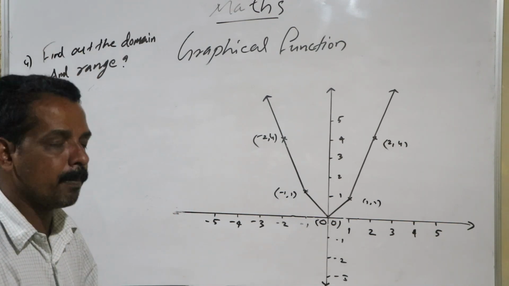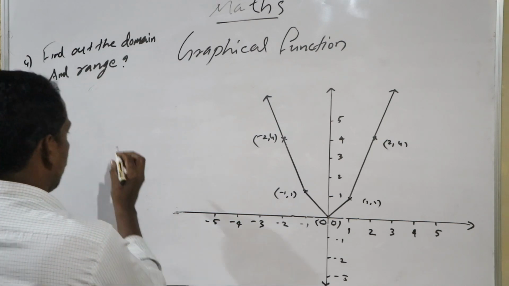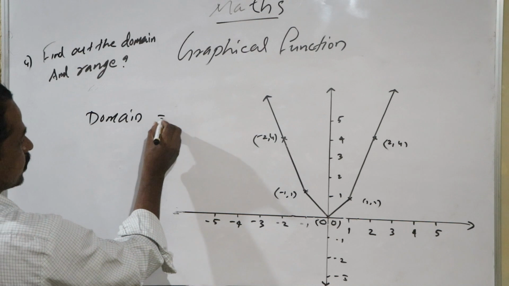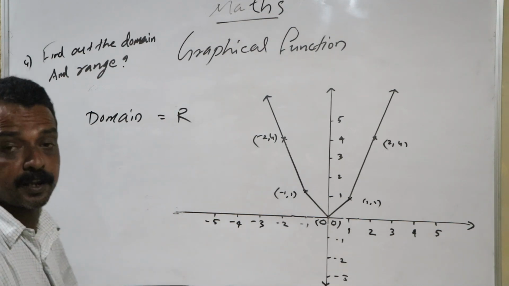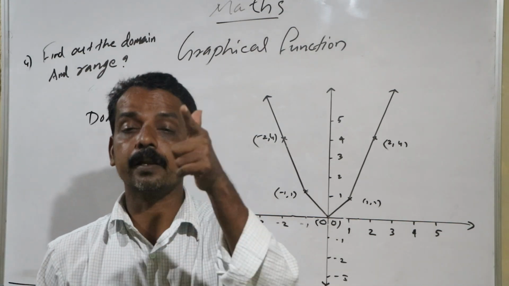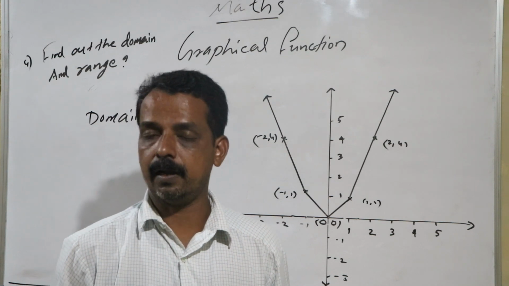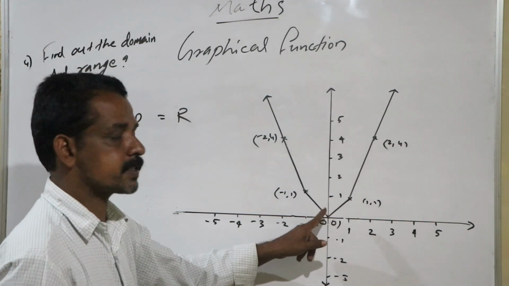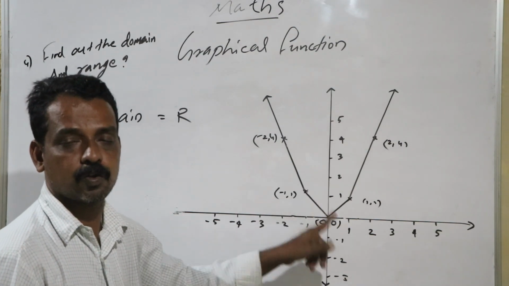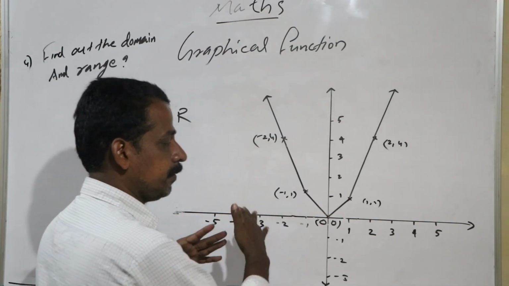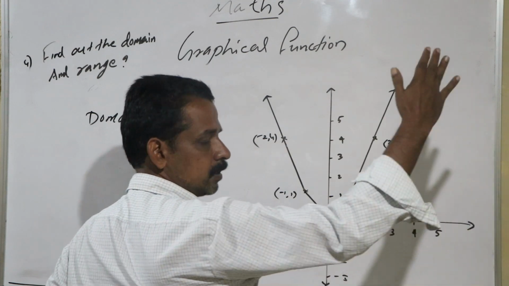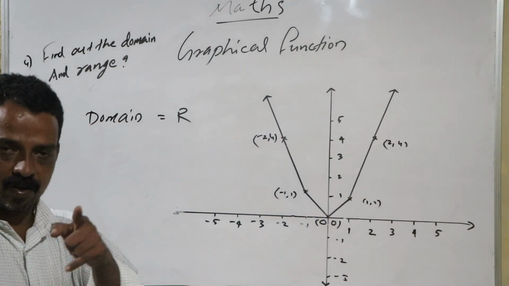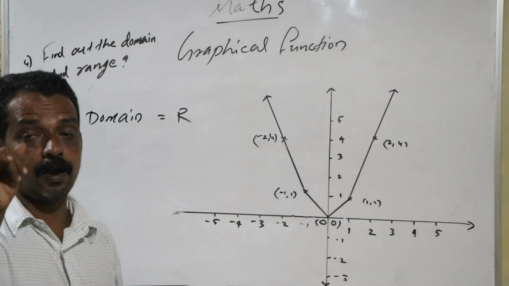So the domain is R, all real numbers. Why? The graphical lines start from 0, the origin, and go endlessly right and left. So the domain is R.